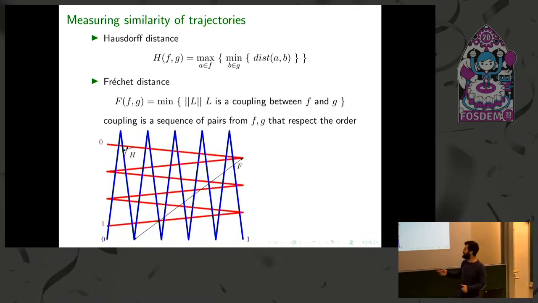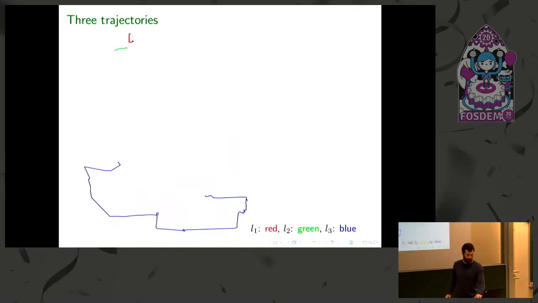You can see in this example that the Fréchet distance gives you more information about the similarity, because these are two dissimilar curves, linestrings. The Hausdorff distance will be small, but the Fréchet distance is large. So Fréchet describes the similarity better. There are more measures, but I will talk about those two here.